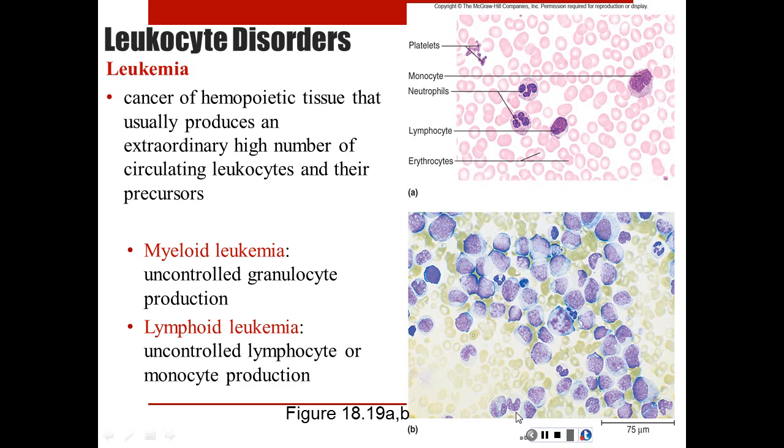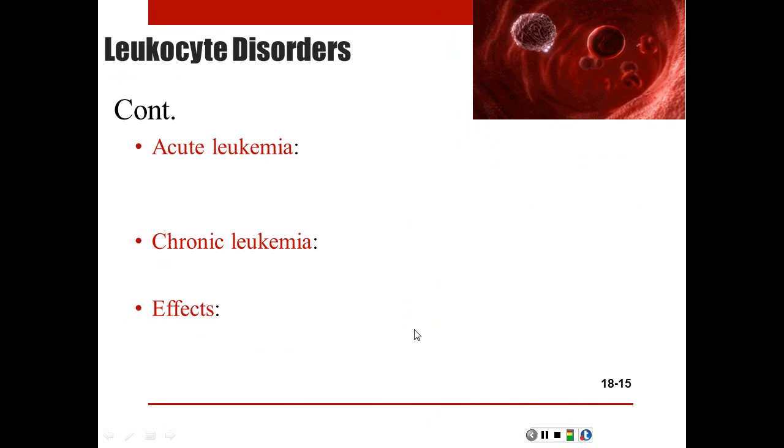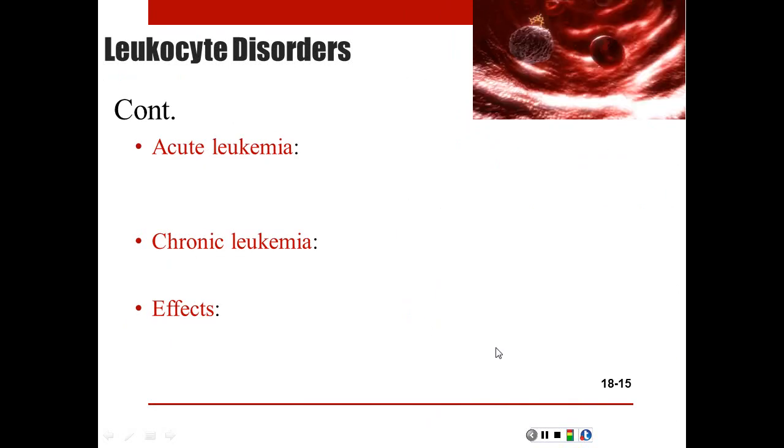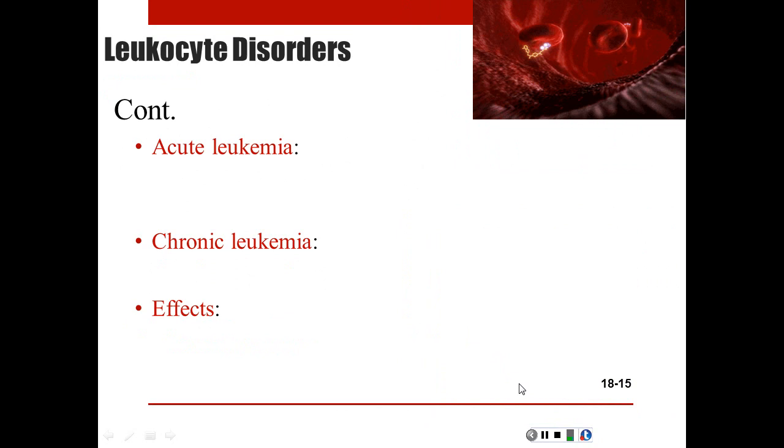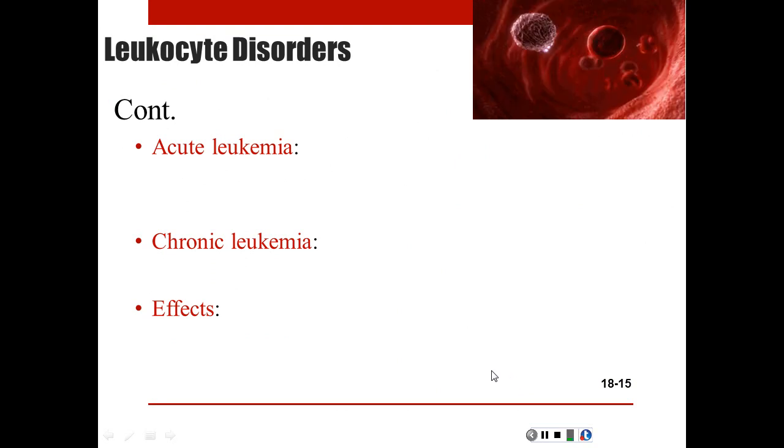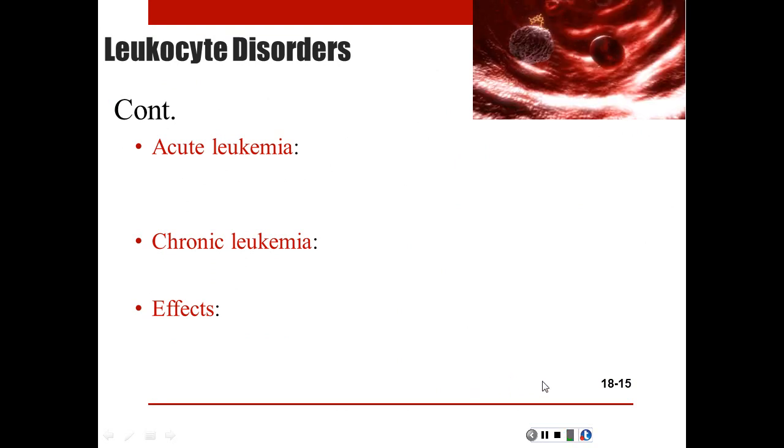Myeloid leukemia is marked by abnormal granulocyte production. Lymphoid leukemia is uncontrolled lymphocyte or monocyte production. Acute leukemia of any type appears suddenly, progresses rapidly, and causes death within a few months without treatment.